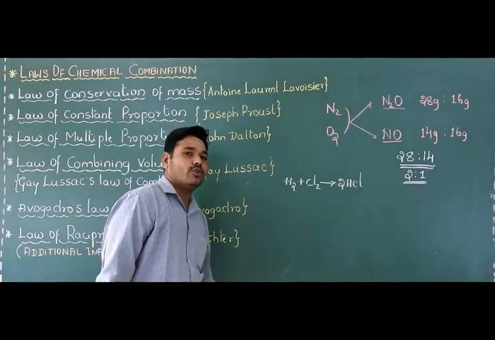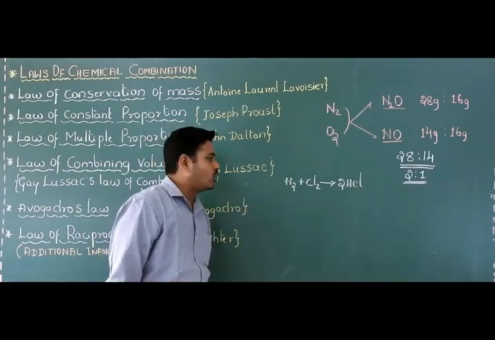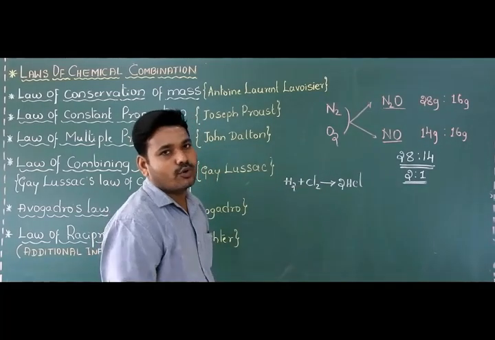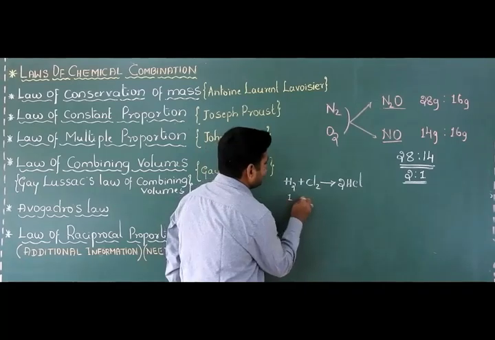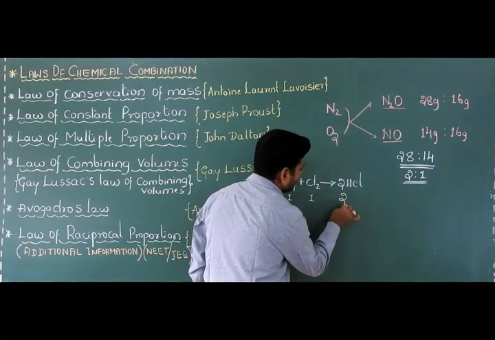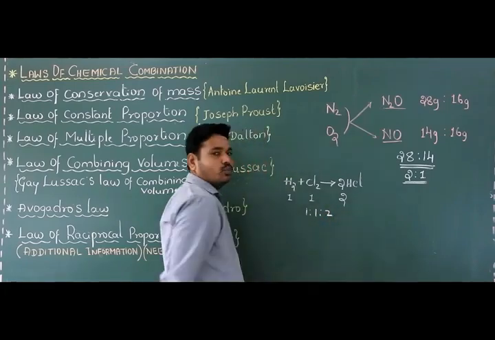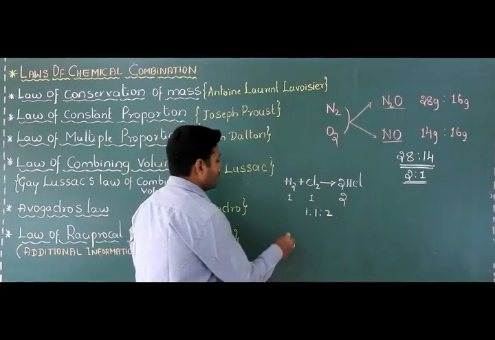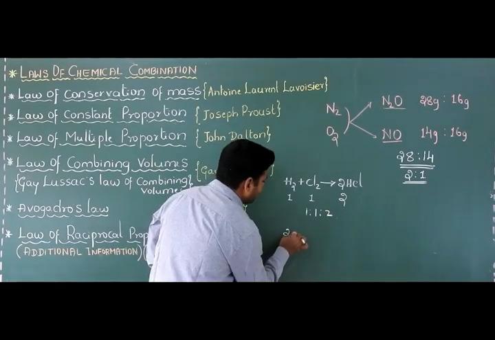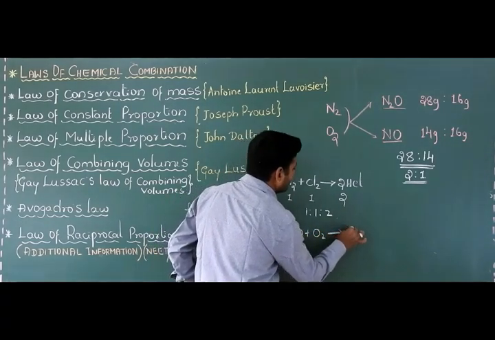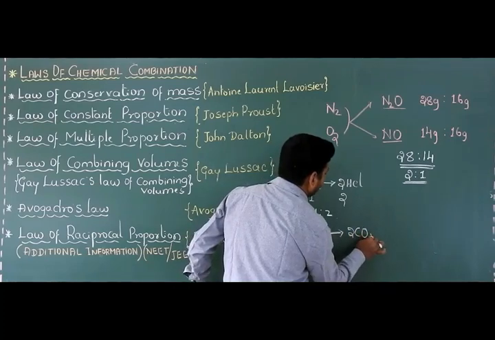One volume of hydrogen combines with one volume of chlorine to form two volumes of hydrochloric acid. They bear a simple whole number ratio. What is the simple whole number ratio here? 1:1:2.